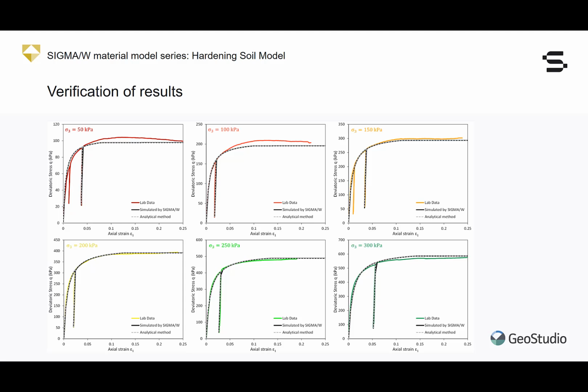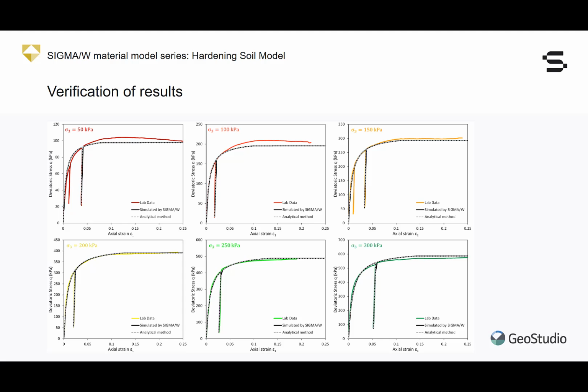The simulation results of 6 triaxial tests with confining pressures ranging from 50 to 300 kilopascals are compared here with laboratory results. Colored curves are laboratory results, and the black lines are the results from the SIGMA/W simulation. An analytical solution is also shown on these plots as gray dashed lines.